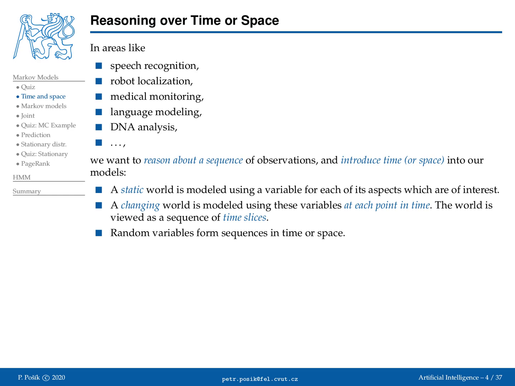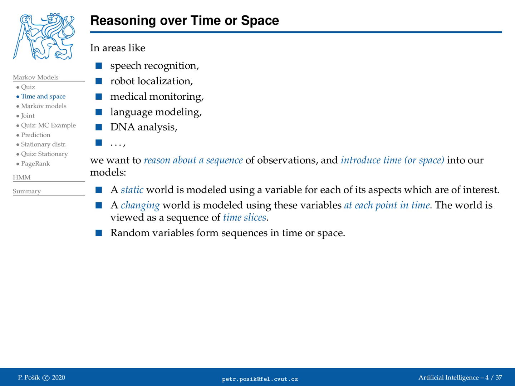But basically, we are not limited to this kind of description. We may define the individual random variables to be, for example, the same feature of the real world, but at different time instants, or the same feature at different places of the real world.